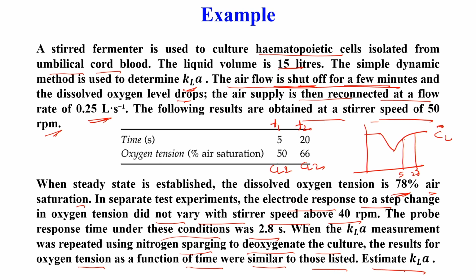Estimate the KLa. So it says you can use either method, and whatever stirrer speed is used, it is sufficient to remove the mass transfer resistance from the probe surface.